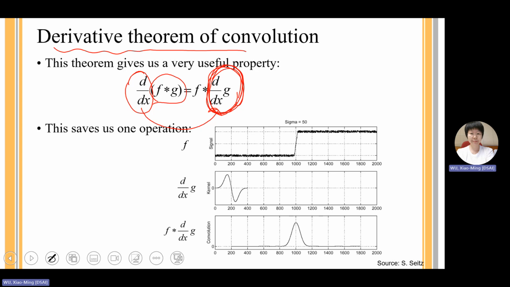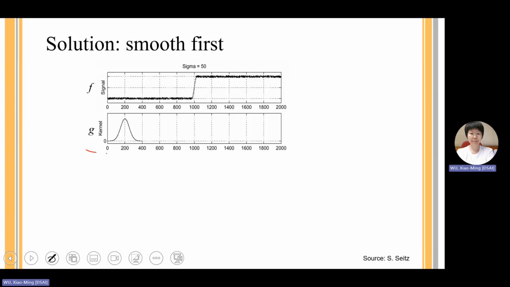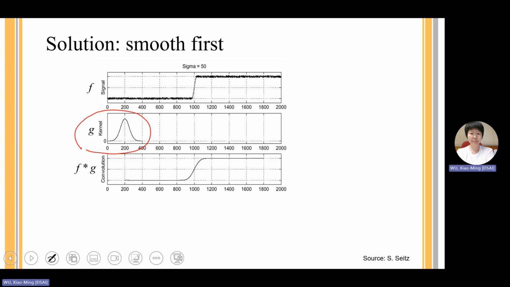So the derivative of Gaussian looks like this. Then we can simply convolve f with the derivative of Gaussian. You see the difference between the Gaussian and the derivative of Gaussian.